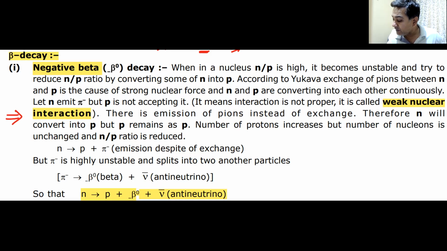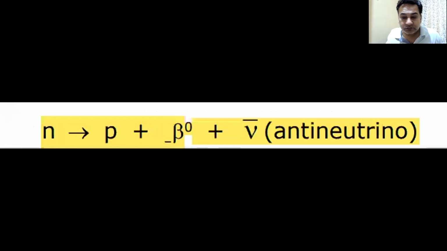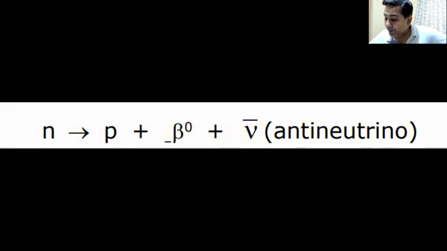What happens here? Can anyone tell me what happens here? I'm just taking out this yellow part. What happens here is one neutron inside the nucleus is getting converted into what?